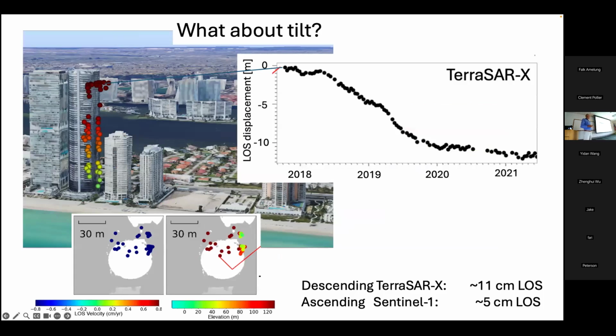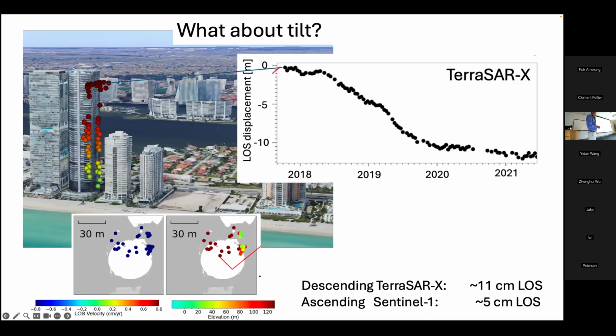What about tilt? After we did most of the study, we looked a little bit more with the other satellite, and actually the maximum displacement we see is at the Porsche Design Tower. This one is now colored according to the elevation, not according to the speed, and we see up to 12 centimeters.